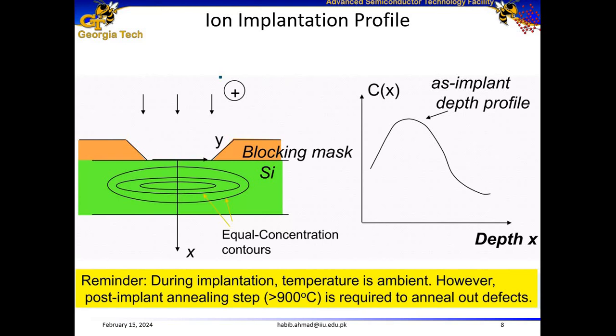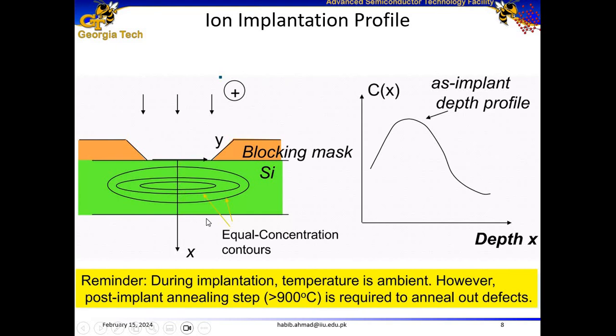These energy levels are in the kilo electron volts to mega electron volts range. Depending on the energy of these ions, they travel down to a certain depth inside the substrate, resulting in distribution of these ions in the horizontal direction and also in the vertical direction.